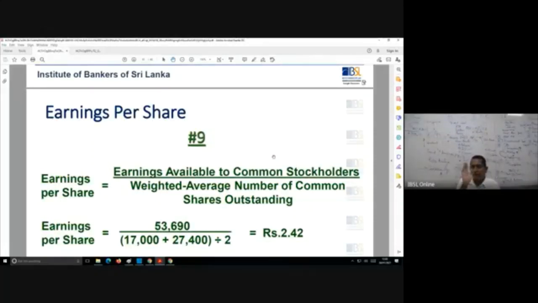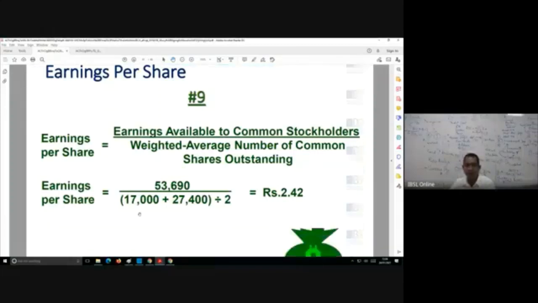Earlier we divided by equity. This is number of shares. Per share, what is the profit? Earlier it is for the equity invested in the business, what is the profit? EPS is earnings available to common stockholders divided by weighted average number of common shares outstanding.